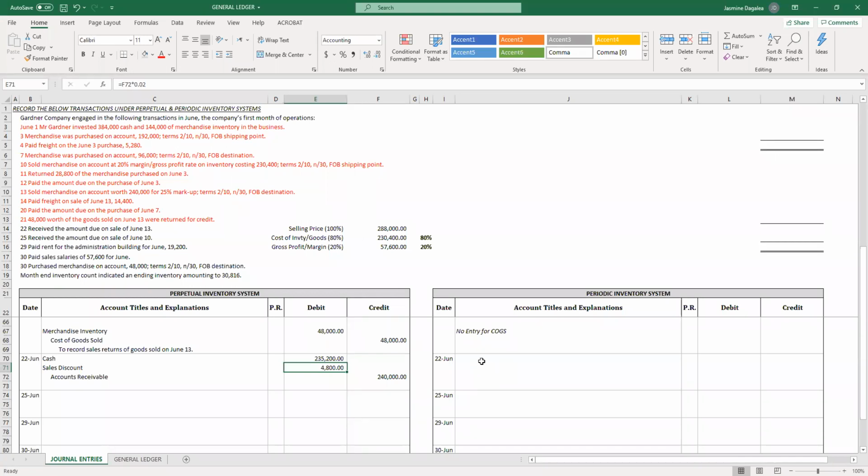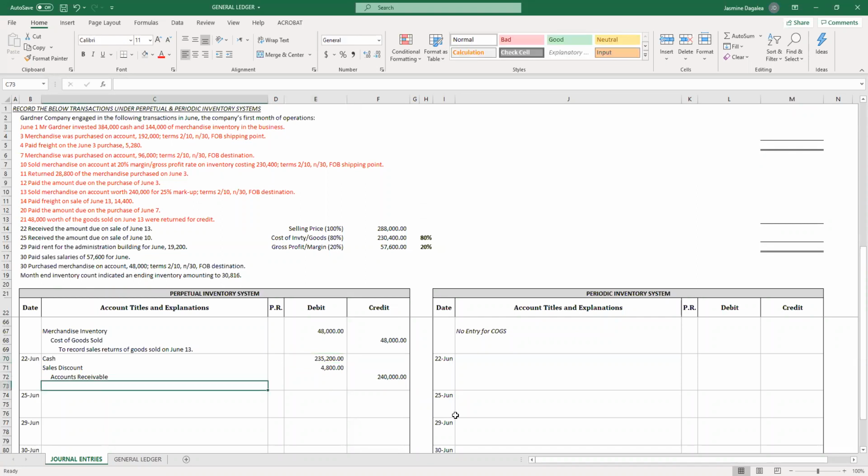Yan, 4,800 yung discount nyo. And then your net cash inflow or magkano ang binayaran sa inyo, 235,200. Okay? So here, received.